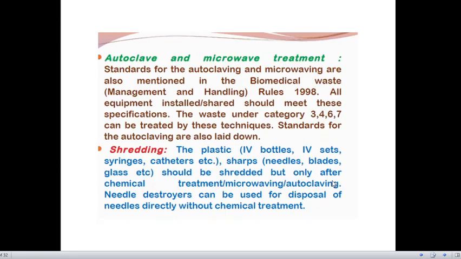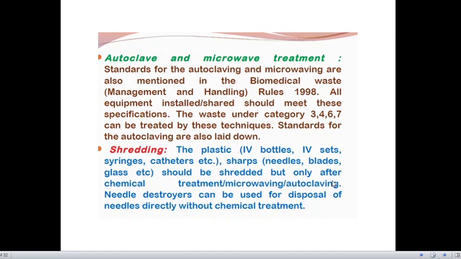For autoclave and microwave treatment, standards for autoclaving and microwaving are also mentioned in the Biomedical Waste Management and Handling Rules Act of 1998. And the slide that I'm showing right now is the updated version, the Biomedical Waste Management Rules of 2020.